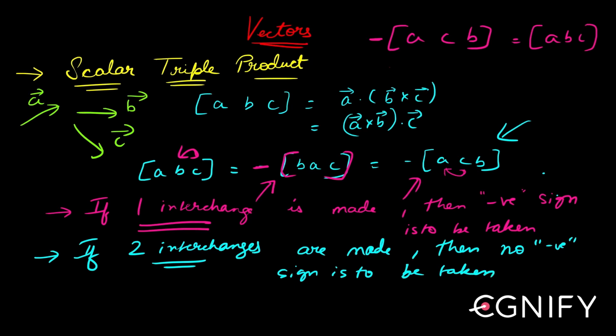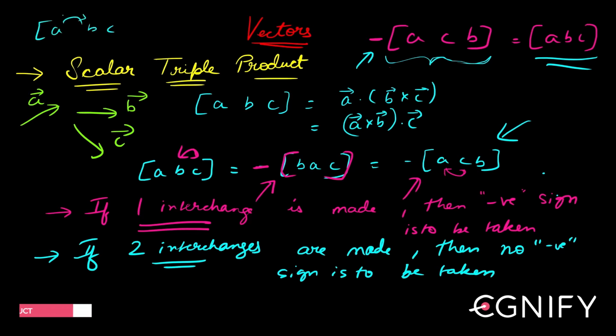First of all, I'm taking this negative sign because I want to make this interchanged box product equal to my original box product, right? That is the reason why I'm putting this negative sign. But for example, if I change A and B in ABC, and then I make one more interchange, then that will still be equal to box ABC.